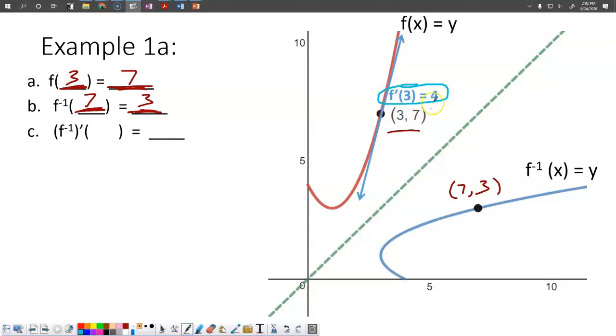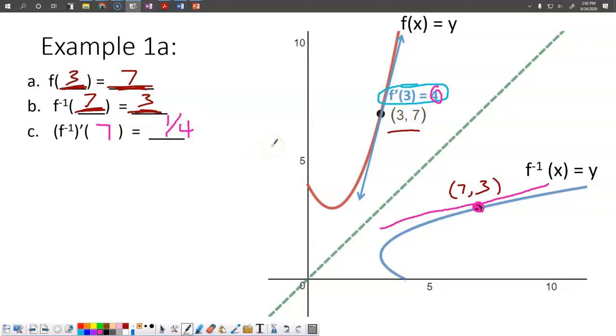Okay? Well, because of that, I know what the slope of this function is at this point. And that happens at x equals 7, so it's going to be f inverse prime of 7. And I know that the slope of this pink line should be the reciprocal of this blue line. So the reciprocal of 4 is 1/4.